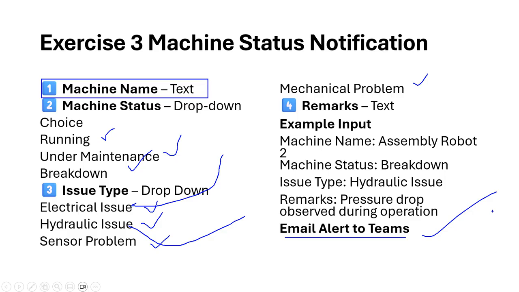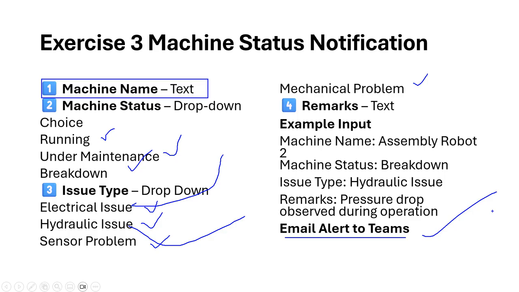That part I will explain. First create the inputs, create the parameters. 4 parameters. First parameter is a text. Second parameter is a drop down.